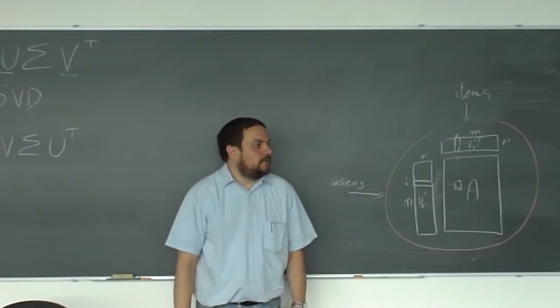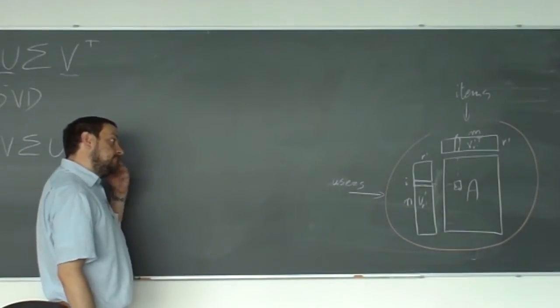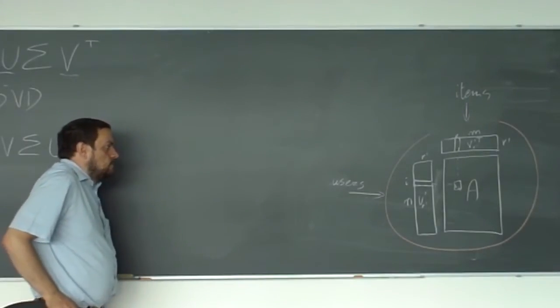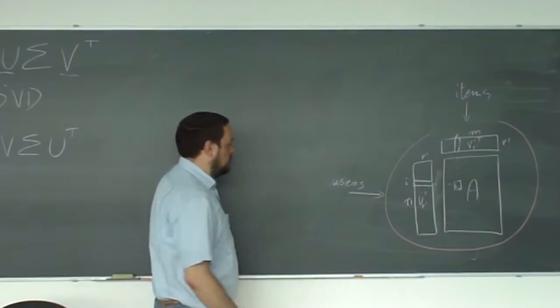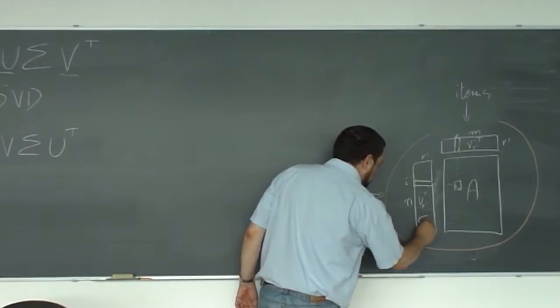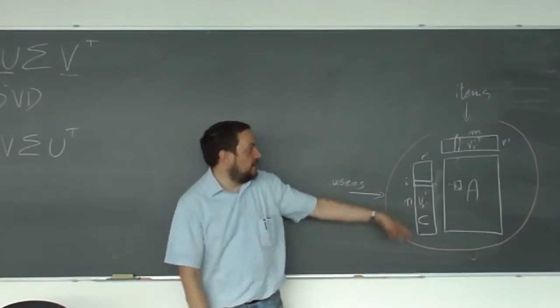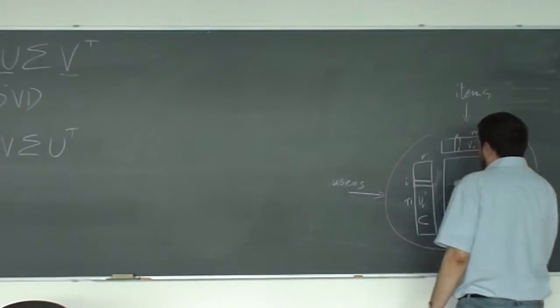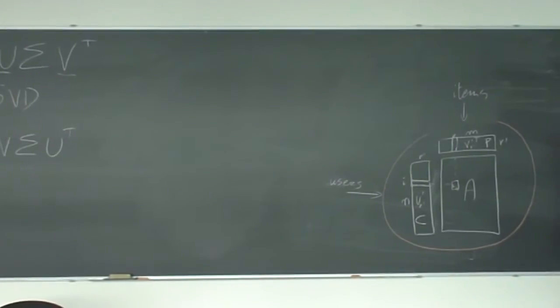Let's call it C for customers, and this other will be P for products. Okay, I don't want to use I for item because I is also the name of the identity matrix, of course.